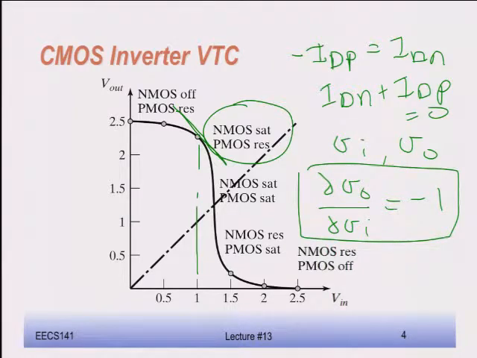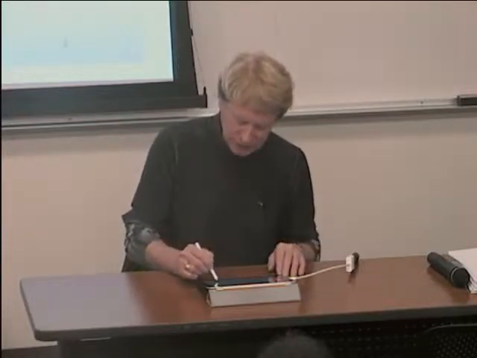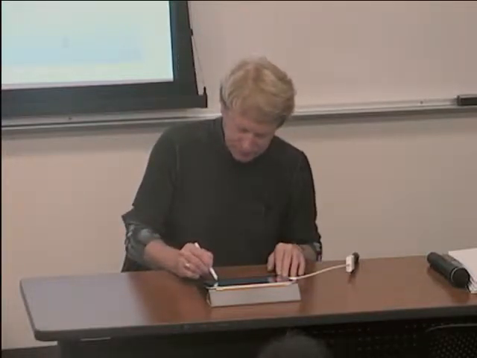So first step, write down your current equation. You have an expression of VO versus Vin. You have to manipulate it a bit so that you bring VO explicitly outwards. Then you take the derivative of VO with respect to VI, and you get the gain factor. And you solve it. That should basically give you VIL.